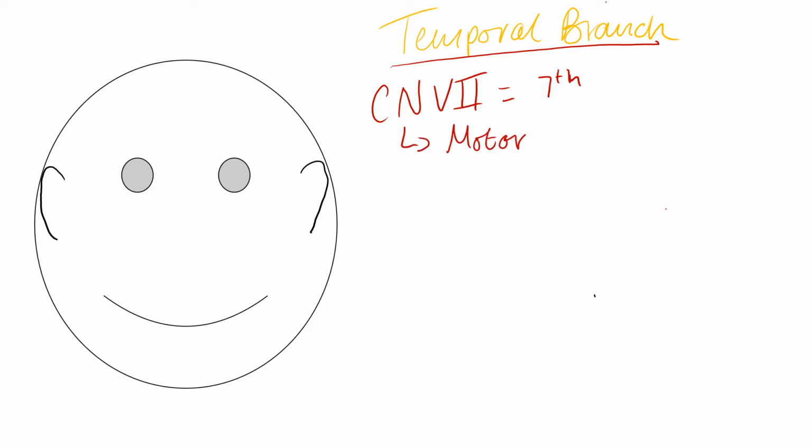So in this video we went over the temporal branch of the facial nerve being the 7th cranial nerve, denoted in textbooks as CNVII for the 7th cranial nerve. It supplies motor innervation to the muscles of facial expression, and the muscles we went over in this video were orbicularis oculi, is the muscle that goes all the way around the eyes.